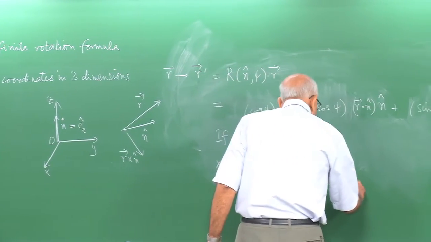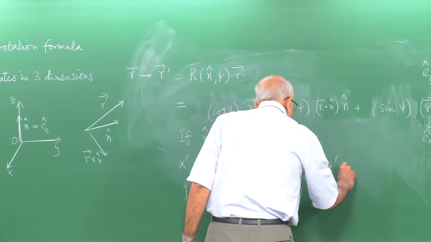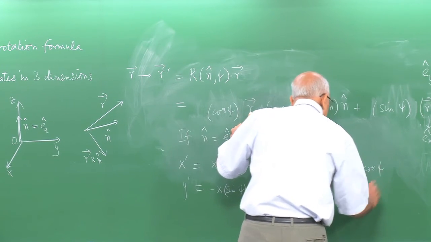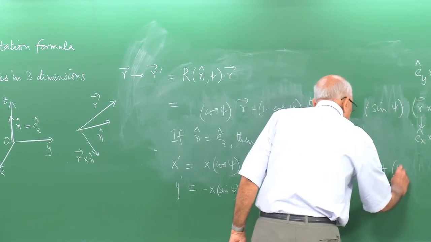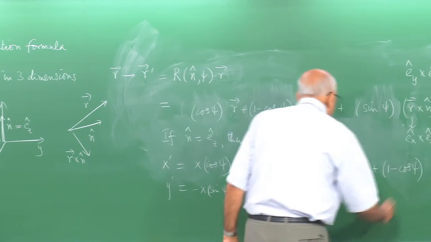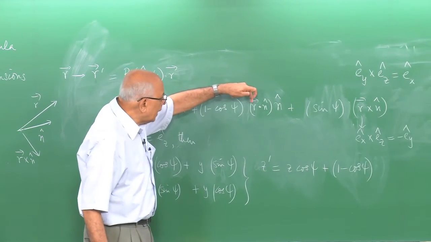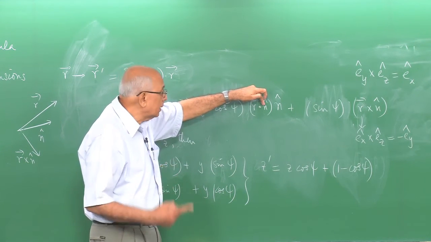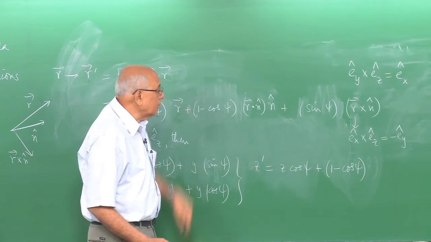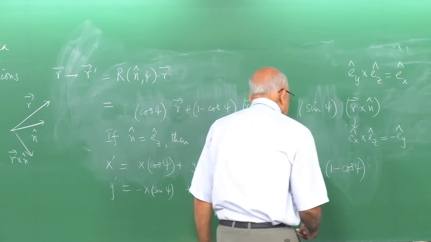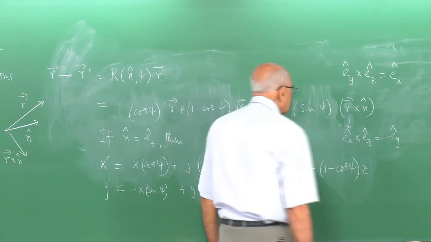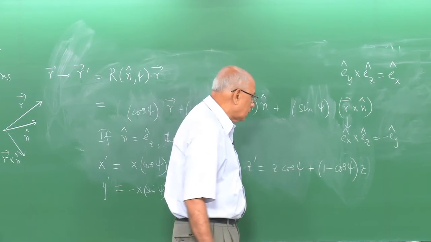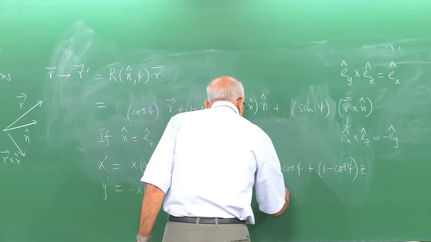And what about z prime? Again z cos psi plus z ez dot ez, ez dot ez is 1, and then z times n out there gives me z itself, and then ez cross ez is 0, so that does not contribute at all, and this is equal to z.